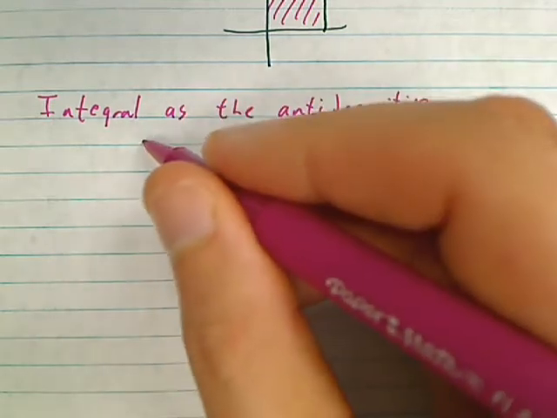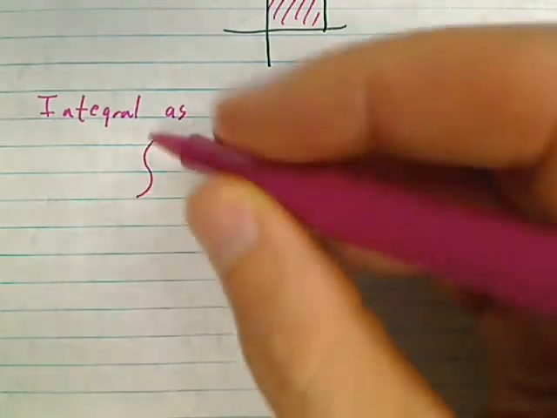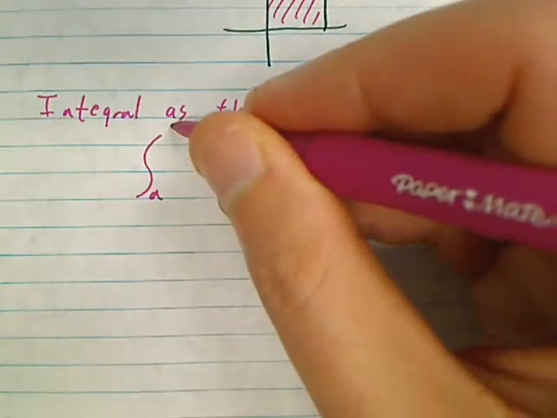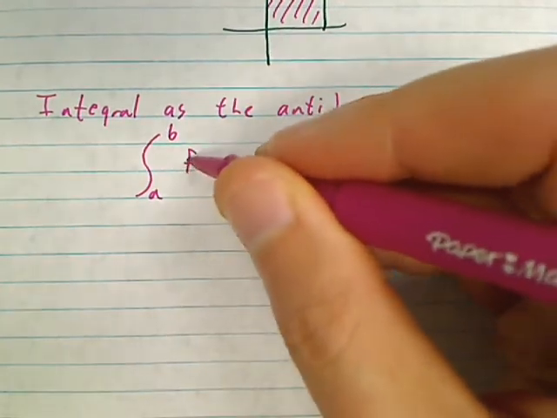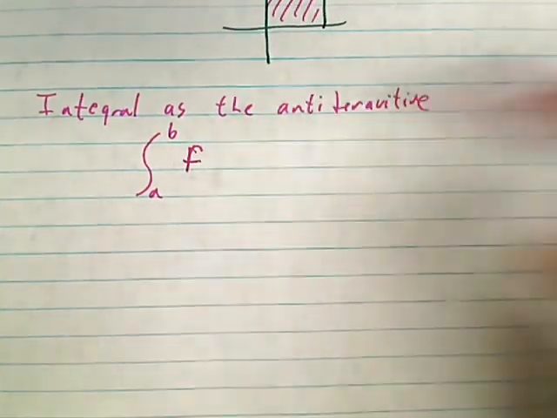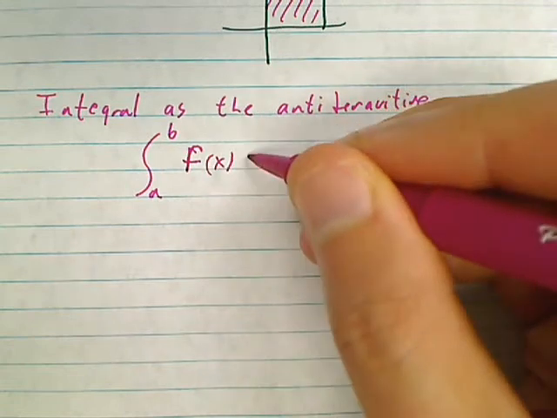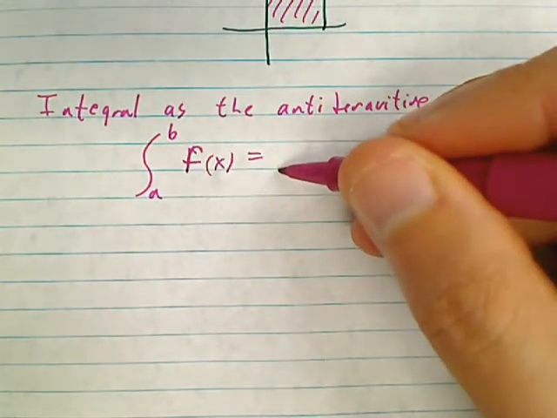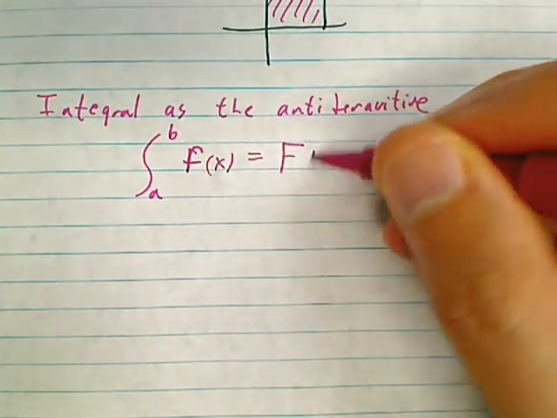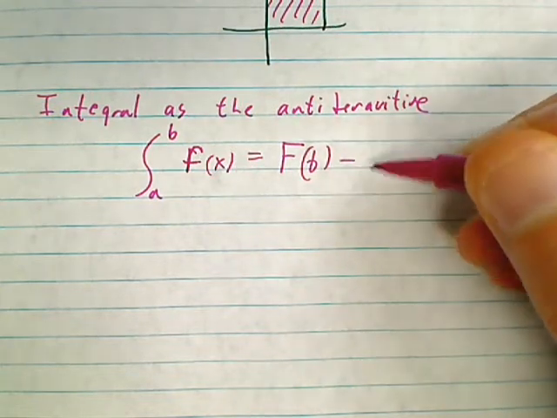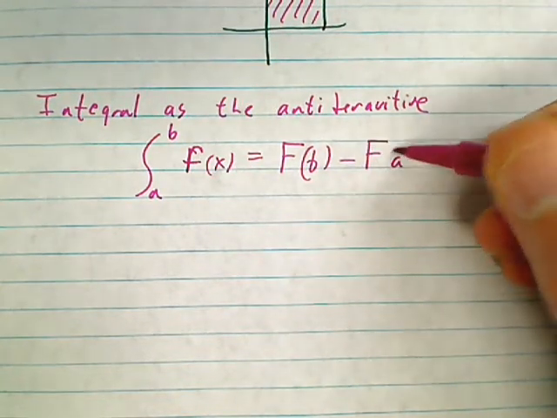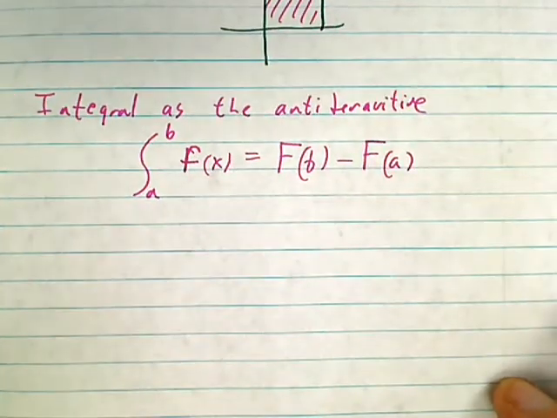I just like to go right to it. I don't want to make you wait for it. So the integral from a to b of f of x, this should be a lowercase f, dx is equal to capital F of b minus capital F at a.